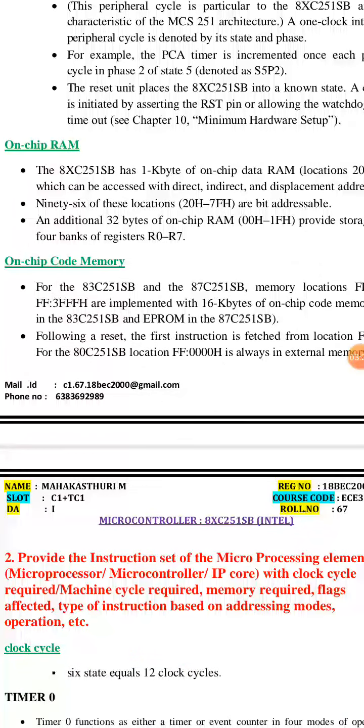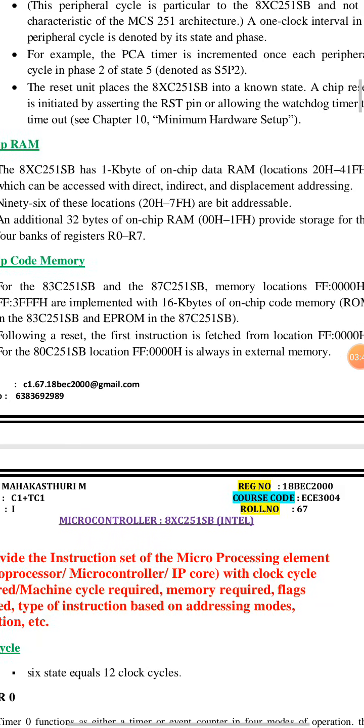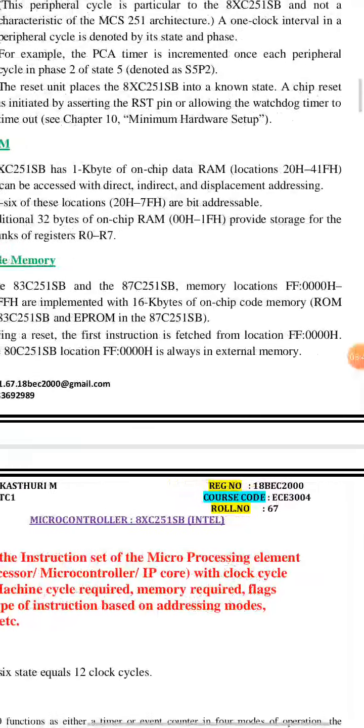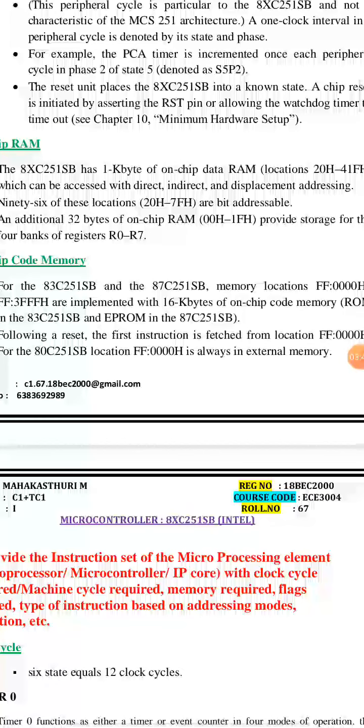And then on-chip code memory. In some ICs of this microcontroller, like 83C251SP and 87C251SP, memory locations 000H to 3FFFH are implemented with 16 kilobytes of on-chip code memory.